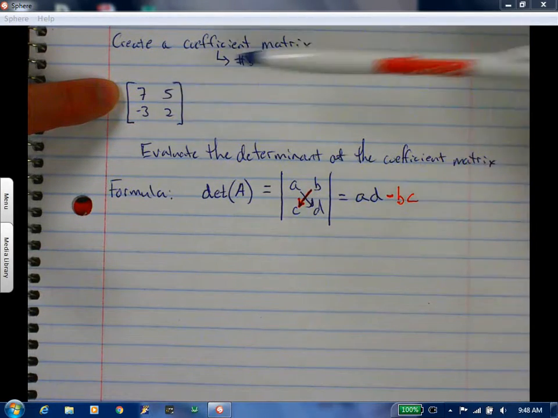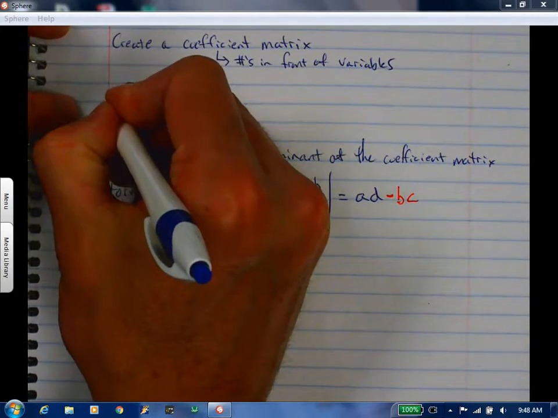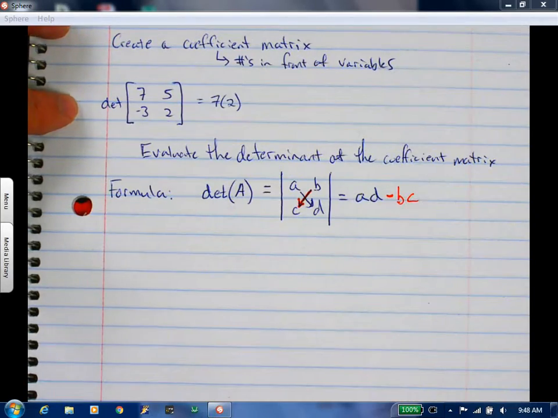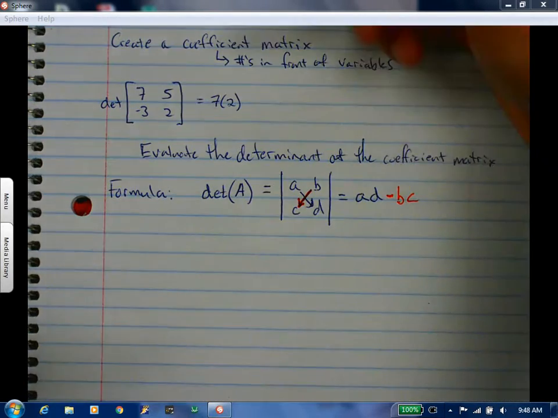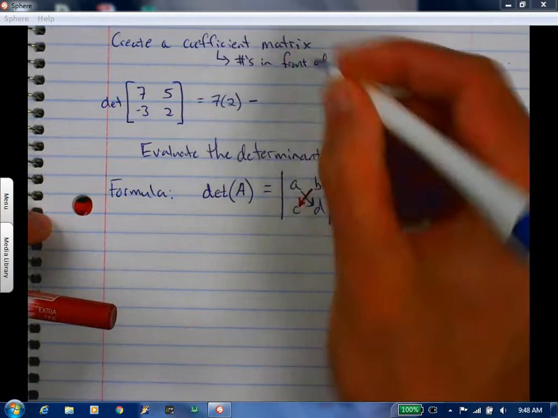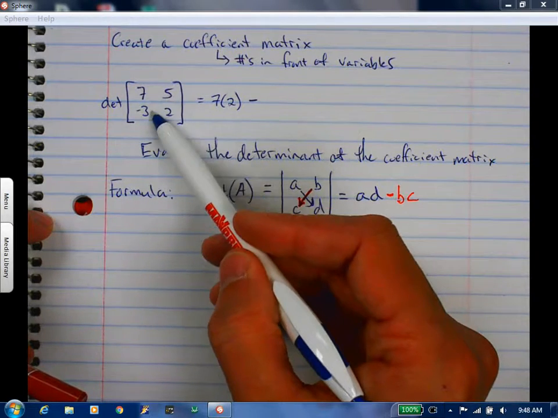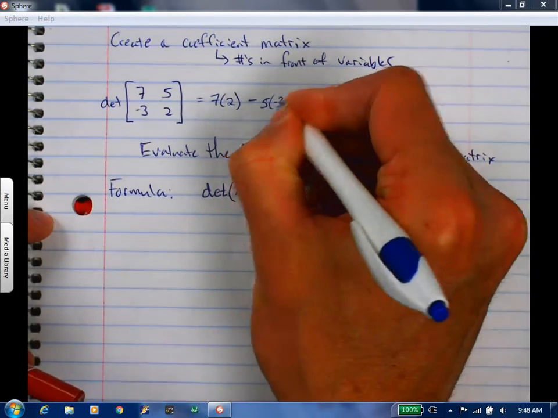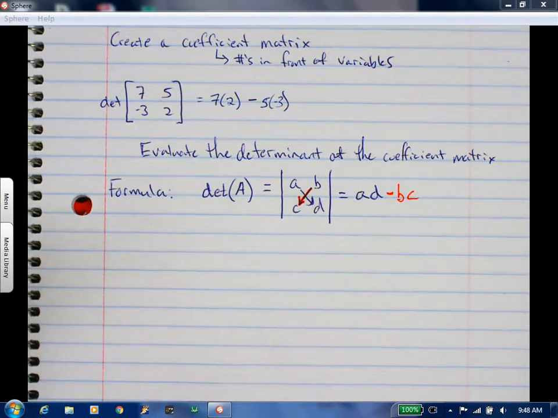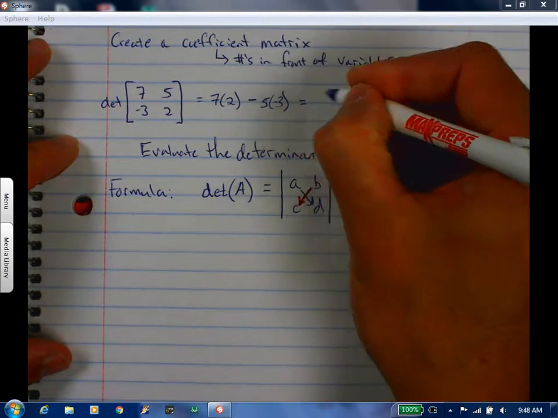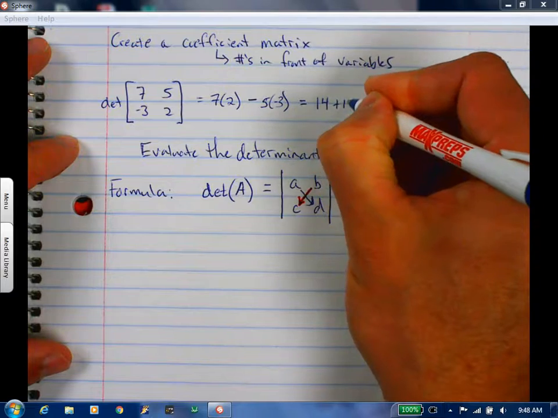So if I want the determinant of this matrix, it's going to be 7 times 2. So you're going to take this diagonal here, minus the other diagonal, which is going to be 5 times negative 3. 7 times 2 is 14, plus 15, we get 29.